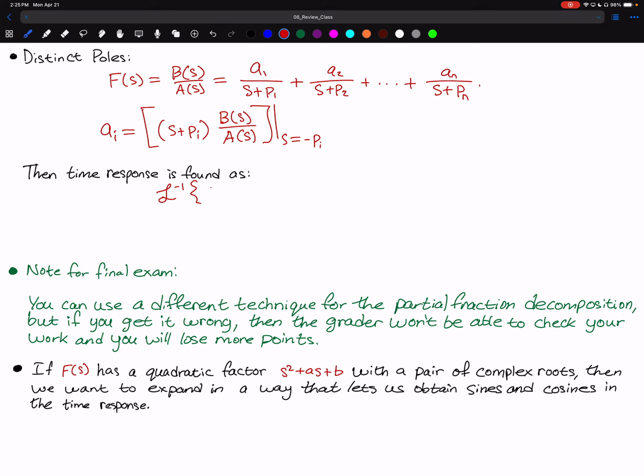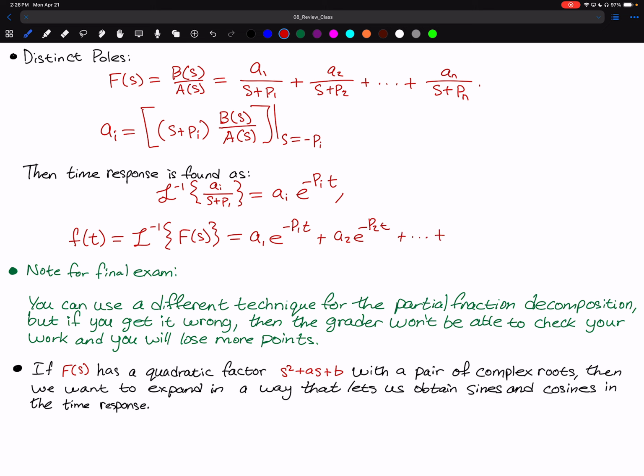So the inverse Laplace transform of a sub i divided by s plus p sub i is going to be equal to a sub i times e to the minus p sub i t, such that f of t here is equal to the inverse Laplace transform of F of s, which will then be equal to a1 e to the minus p1 t plus a2 e to the minus p2 t plus dot dot dot plus an e to the minus pn t, valid for t greater than or equal to 0.